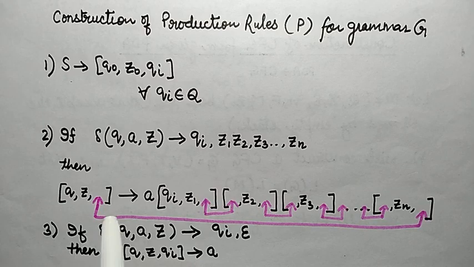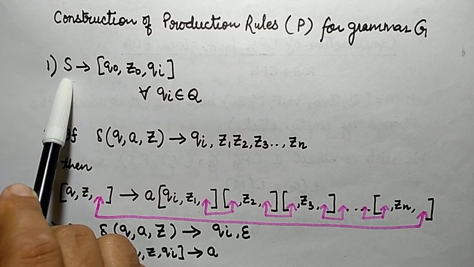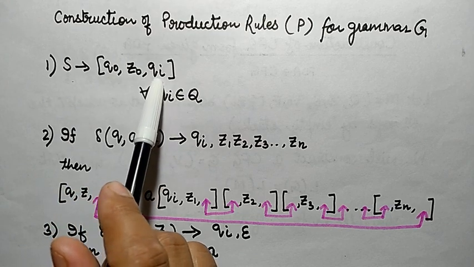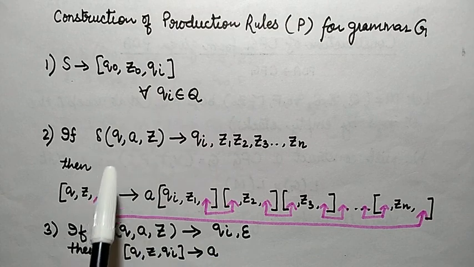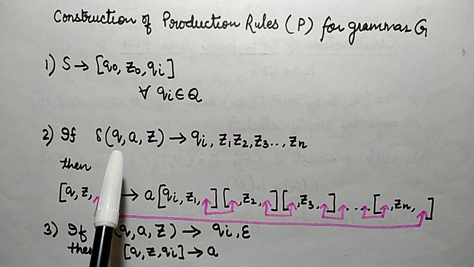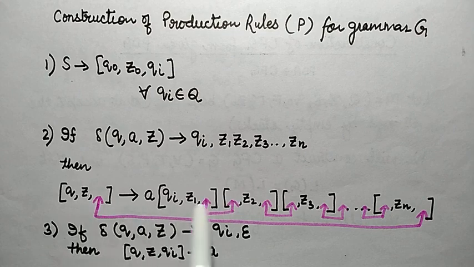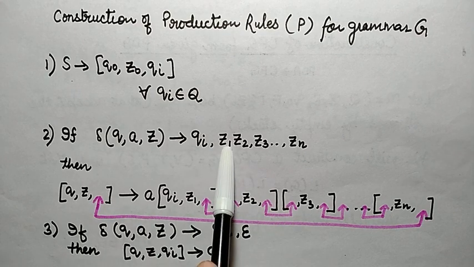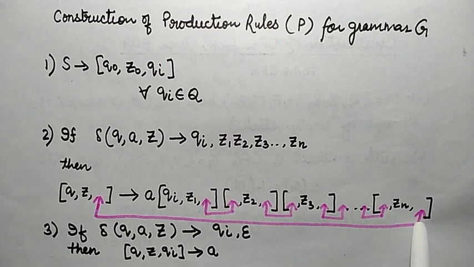So to convert a given PDA into a context-free grammar, first we will write the productions of the start variable in this form. So we will replace this Qi with each of the states present in this capital Q. And if the PDA has a transition rule of this form, we will write the production rules in the grammar corresponding to this transition rule in this form. Here these states will be same.